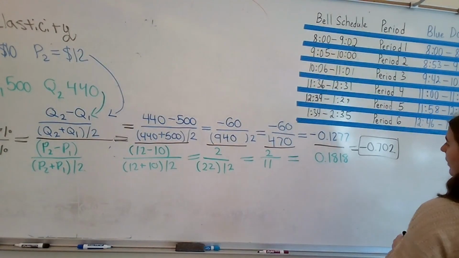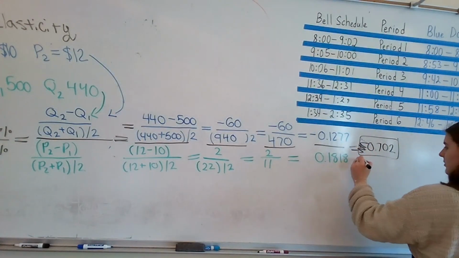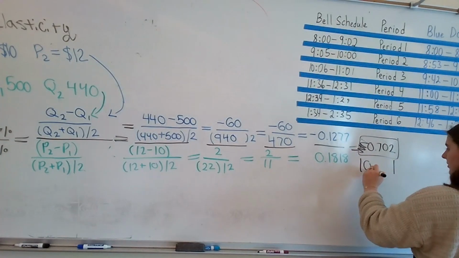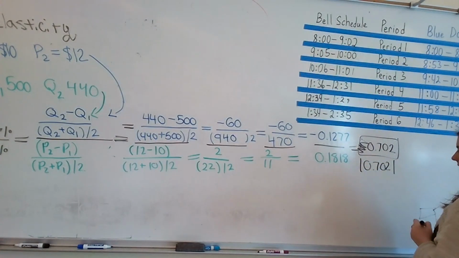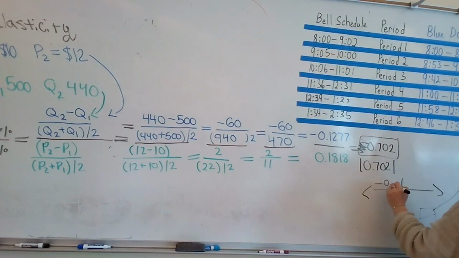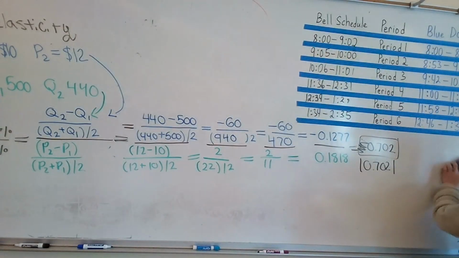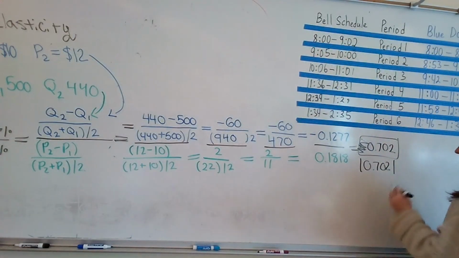So when we take elasticity, we're going to ignore this negative, which means we're taking what's called the absolute value of this. Absolute value is how far something is away from 0. So if I put this on a number line, if this is negative 0.702, it's still a distance of 0.702 from 0.